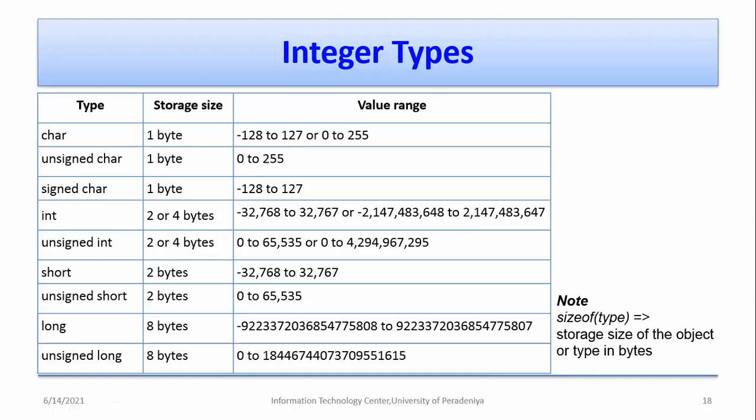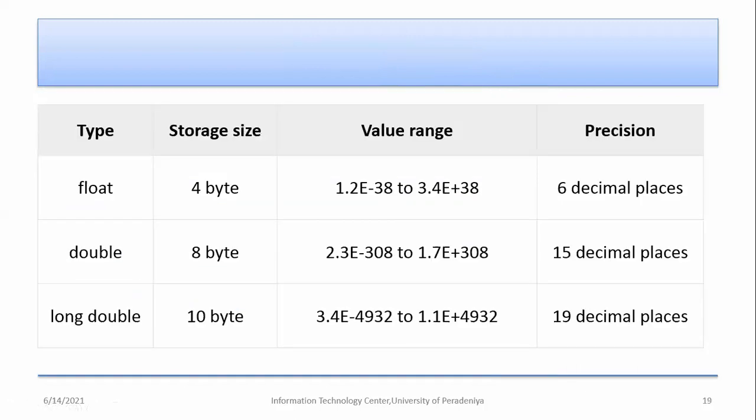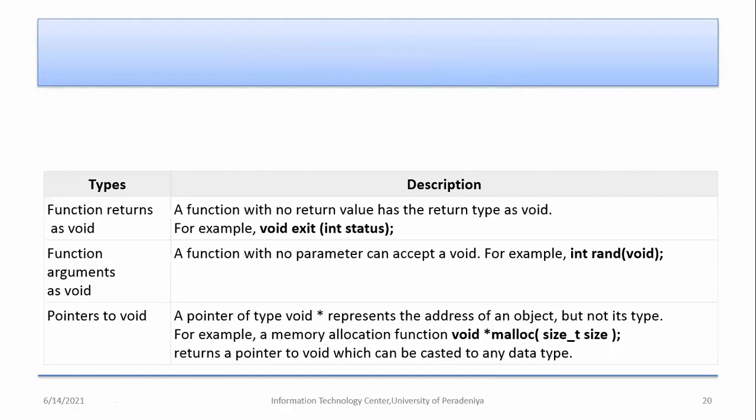If it is char, this is the value range. Likewise, depending on the data type, we can use a set of values. This is the floating point range of values. No need to memorize these things. You can use these data types when you are doing the programming.